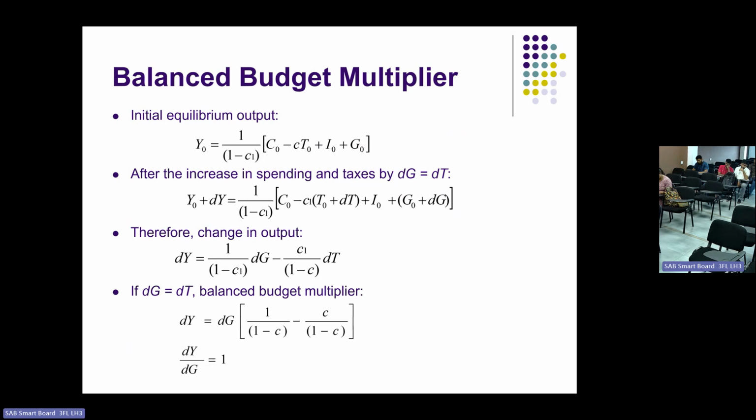You can try with some figures in the equilibrium equation. Assume government expenditure is raised by 100 and taxes are also raised by 100, and see how it changes the national income. That is the balanced budget multiplier.